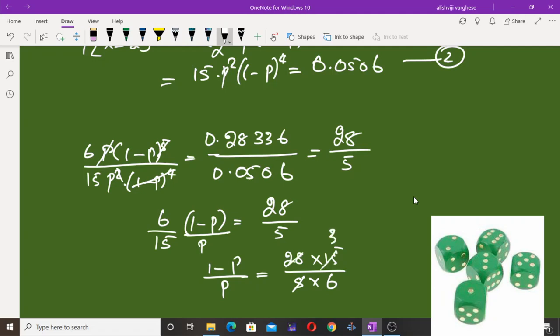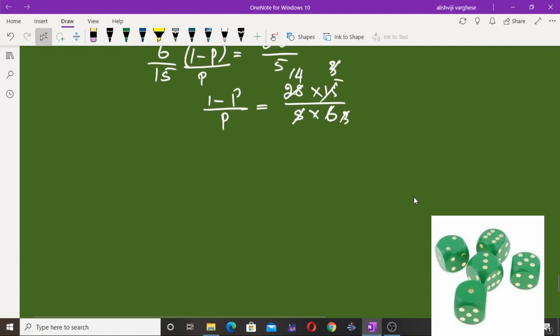So it is 14, that means 1 minus p is equal to 14p.